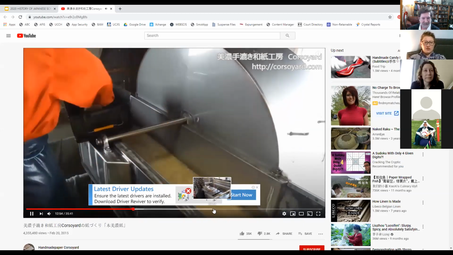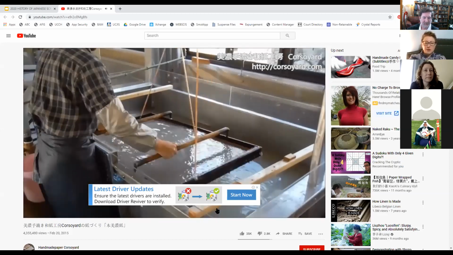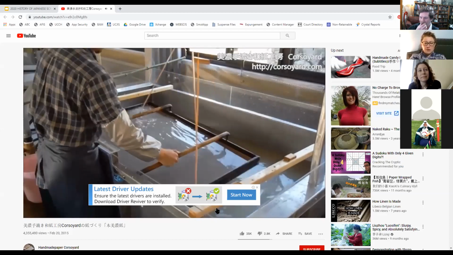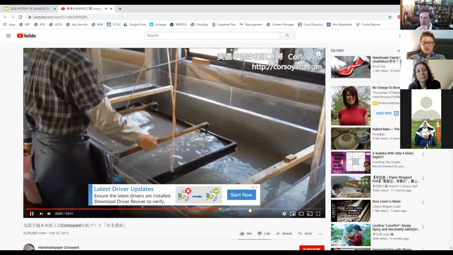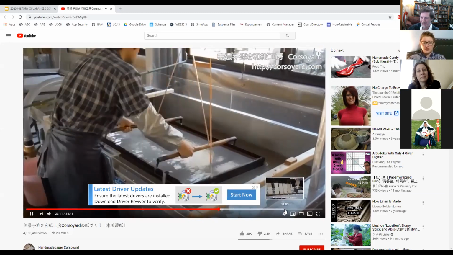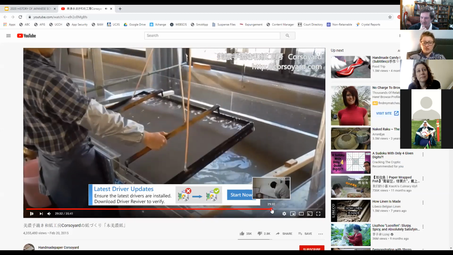Well, as we know, washi does come in various thicknesses, just like any other paper. So you're going to get very fine paper in some, and thicker in others. They cut it out. But I can only imagine that they would just continue.